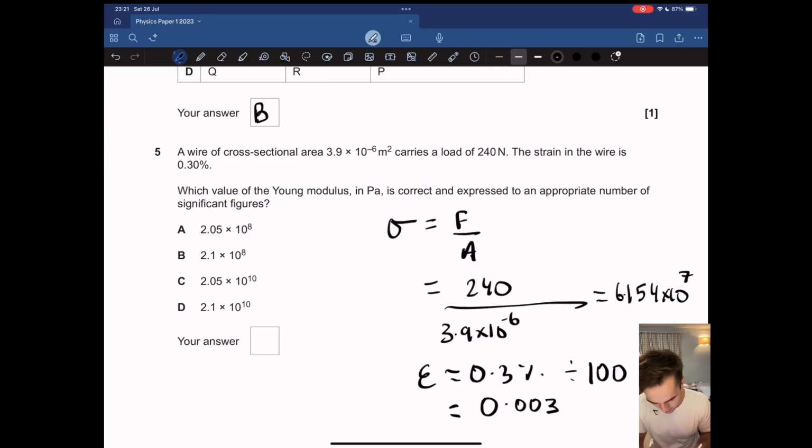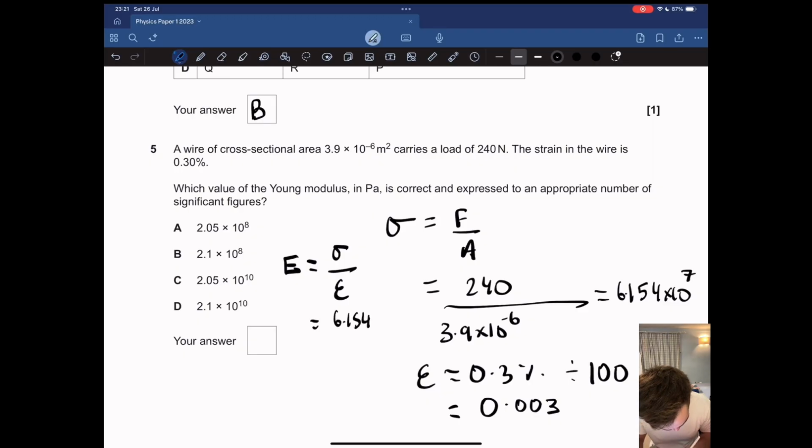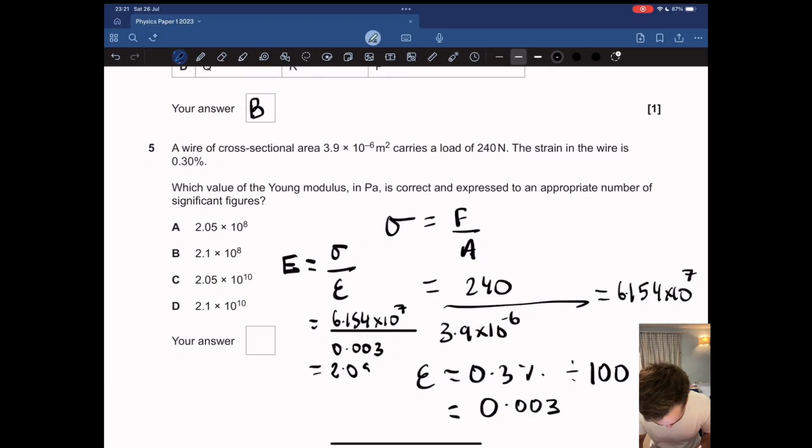So this is 0.003. Now the elastic modulus, Young's modulus, is E equals stress over strain. And this is 2.05 times 10 to the 10.